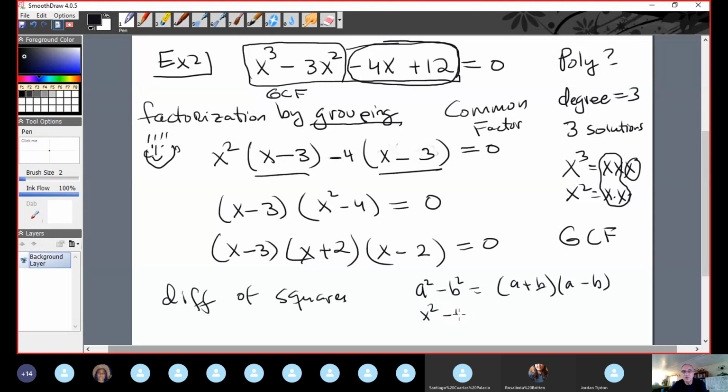X squared minus 4. For the factorization, the square root of this one is x, the square root of this one is 2, plus or minus. End of the story. Do you remember now? I remember that, but I'm just trying to figure out how we got to x squared minus 4, the second part.